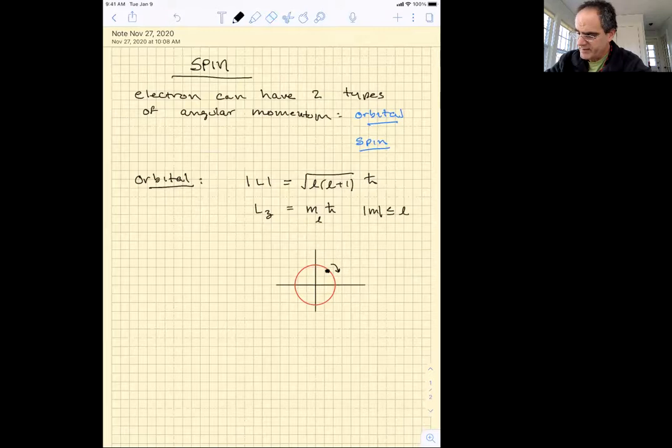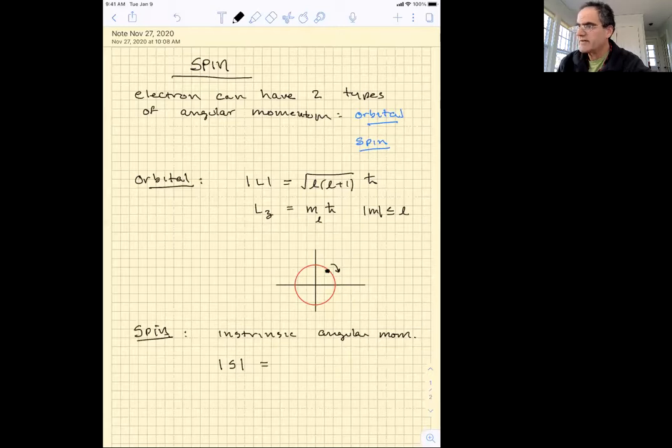The other type of angular momentum is, however, spin. Electrons and nearly all other particles have intrinsic angular momentum, which we call spin, which is quantized in much the same way.